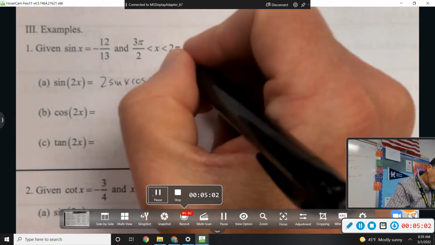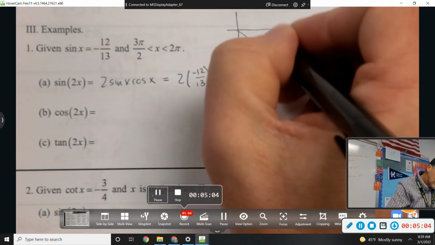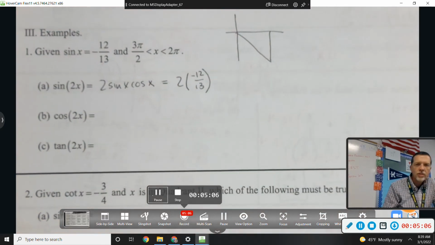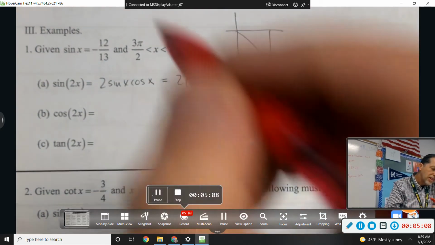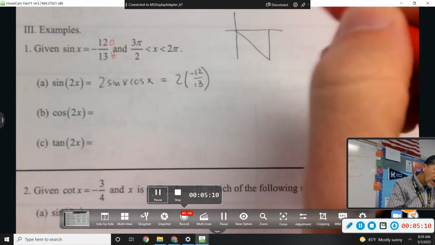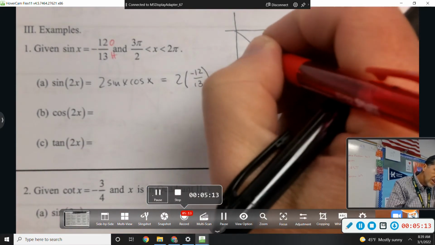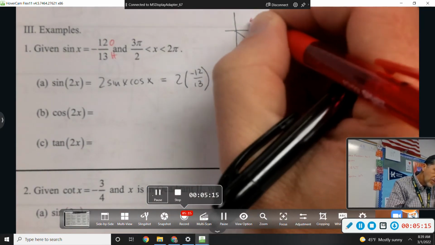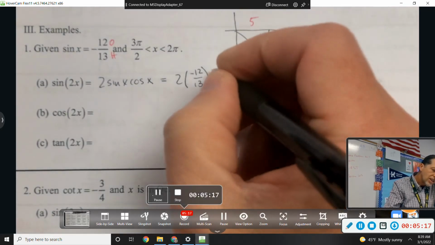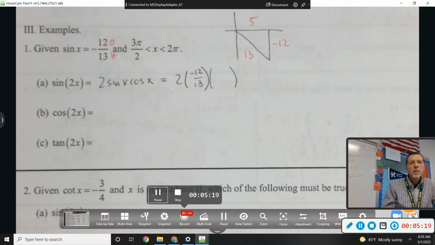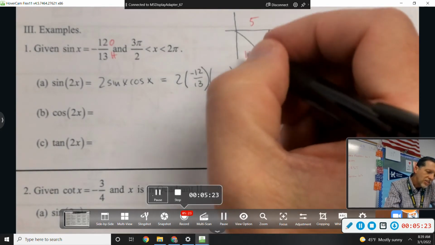So 3 pi over 2 to 2 pi would be the fourth quadrant, excuse me. I drew it in the right place. So 5, 12, 13. So cosine is adjacent over hypotenuse.